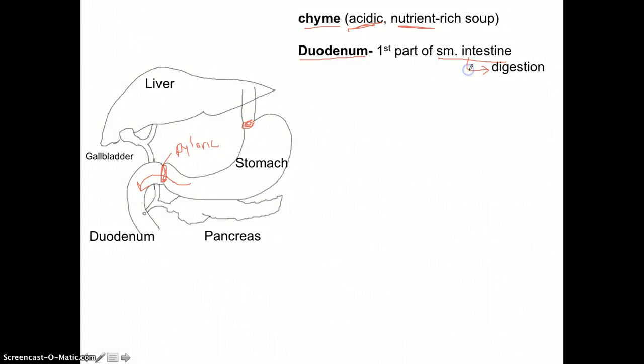And then, as well, once these have been broken down into their smallest components, they can be absorbed through the lining of the small intestine as well. So at this very first spot in the duodenum, we have to immediately neutralize the acid of the chyme, and then we'll continue the digestion and absorption of the parts of food.